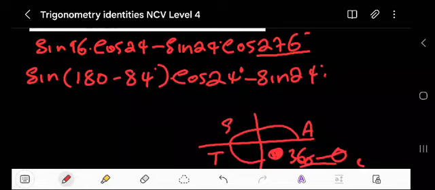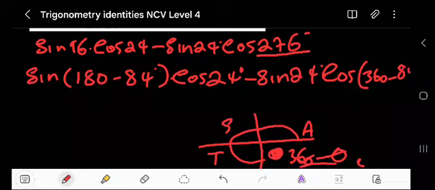It will be multiplied by cos of 360 minus 276. So this also will be 84 degrees, guys.